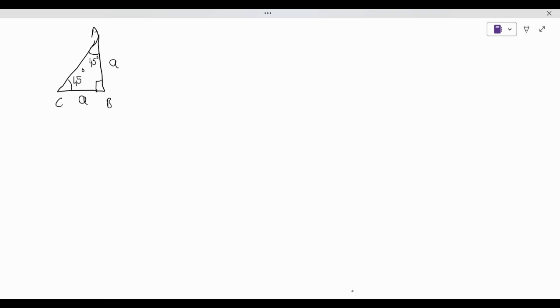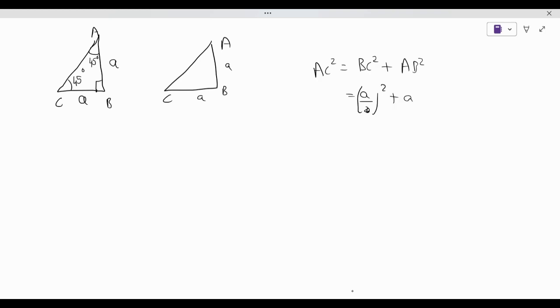So I'm drawing this once again. A, B, C, with the two equal sides A and A known. We have to find AC. Now AC square is equal to BC square plus AB square, which is equal to A square plus A square, which is equal to 2A square.